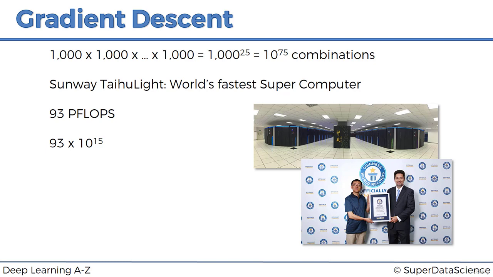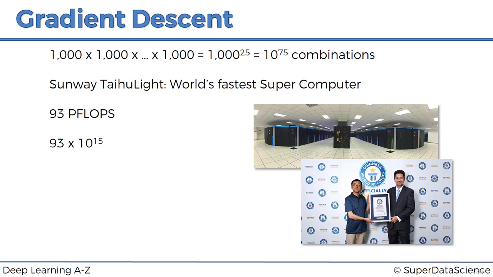So Sunway TaihuLight is at the forefront of technology, and let's say hypothetically that it can do one test, one combination for our neural network, in one flop, basically one floating point operation. That is not practical, because you need multiple floating point operations to test out a single weight in your neural network.